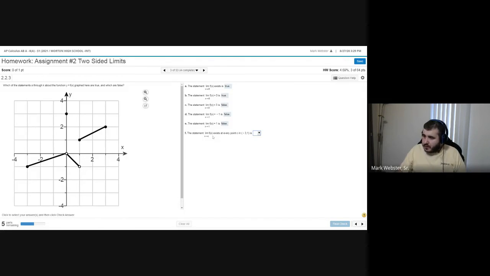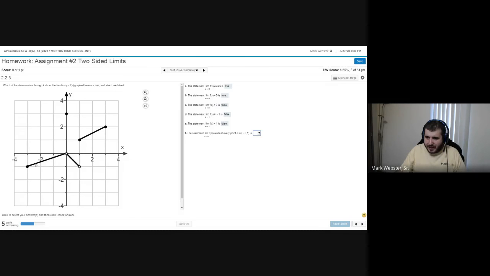The statement, limit of f of x as x goes to c exists at every point c from -3 to 1 exclusive. So what we're saying here is we're not focused on the endpoints where we know it doesn't exist, but at every other spot, does the limit exist?